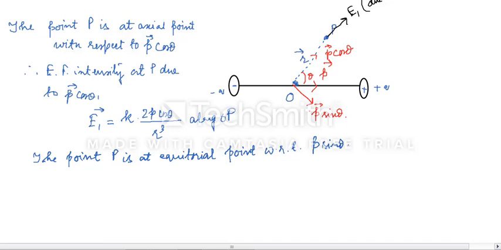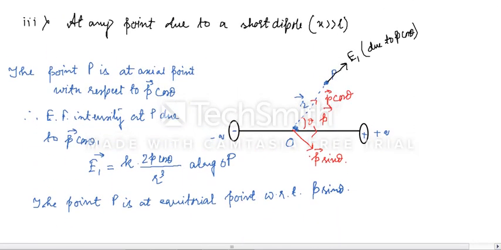And we all know that for an equatorial point the electric field is opposite to the direction of the dipole moment. So this is just opposite. So it is E2. This is due to p sin theta.